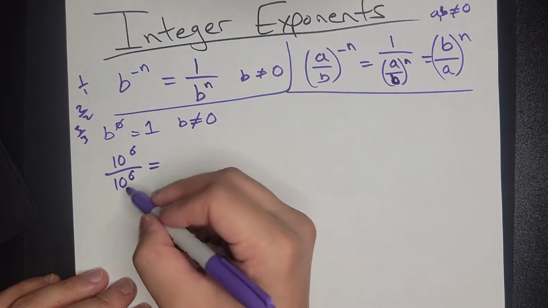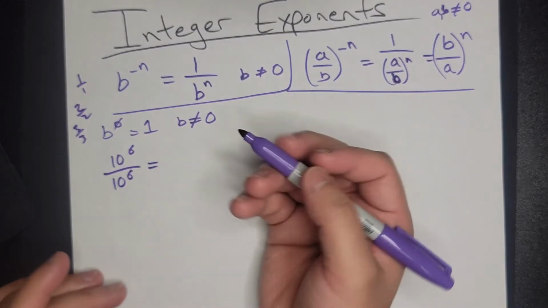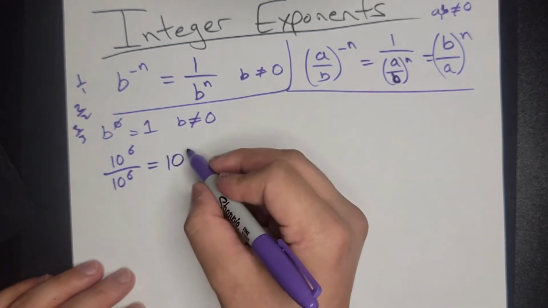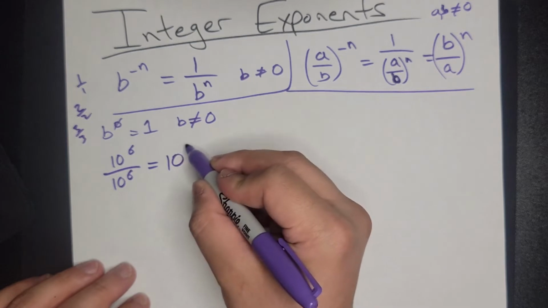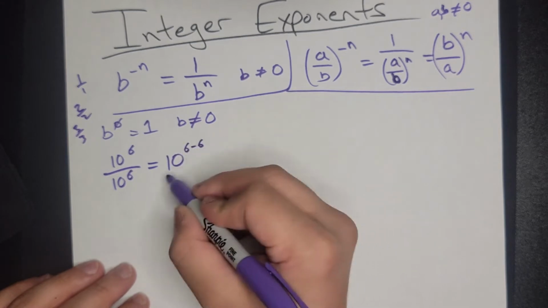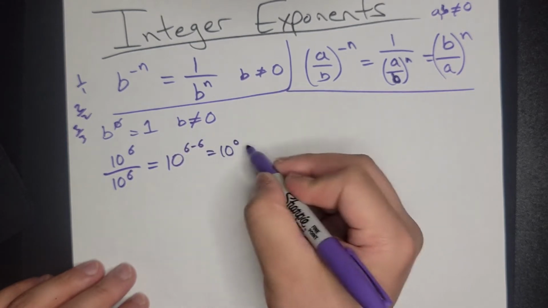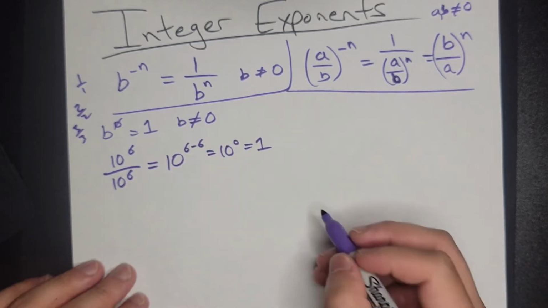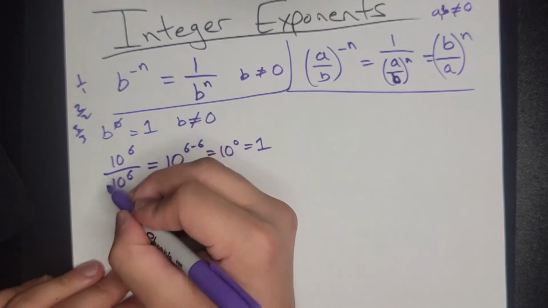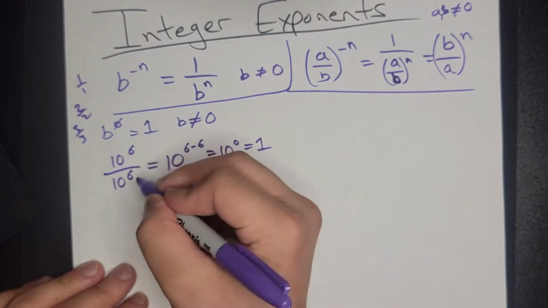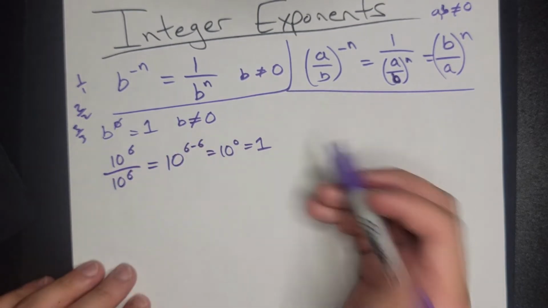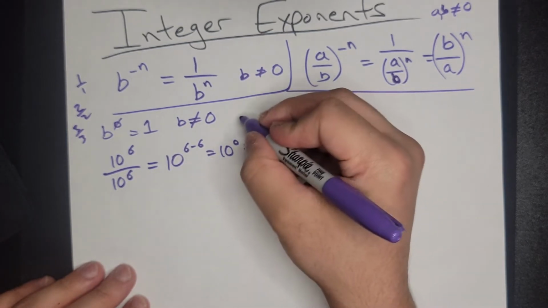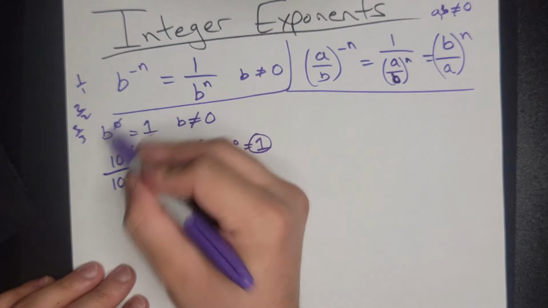So 10 to the 6 over 10 to the 6 is also 1. But if you were to write this out, 10 to the power of 6 minus 6 is 10 to the 0, and you already know this is 1. You could replace this base and this exponent with anything, and you'll end up through this logic equaling 1. So remember this.